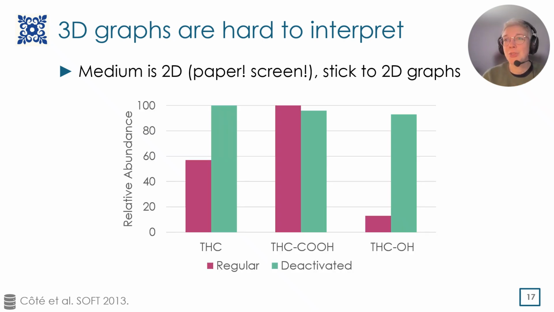Bar graphs, non-3D, are absolutely fine and much better, easier to interpret. And see here, instead of having two groups of columns that were regular and deactivated, I put the bars for each analyte side by side because that's actually what I want to interpret. I want to be able to compare each analyte side by side.